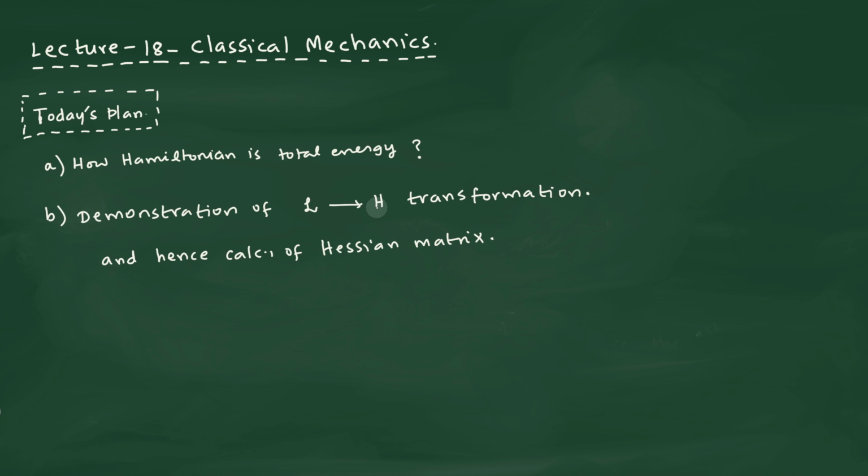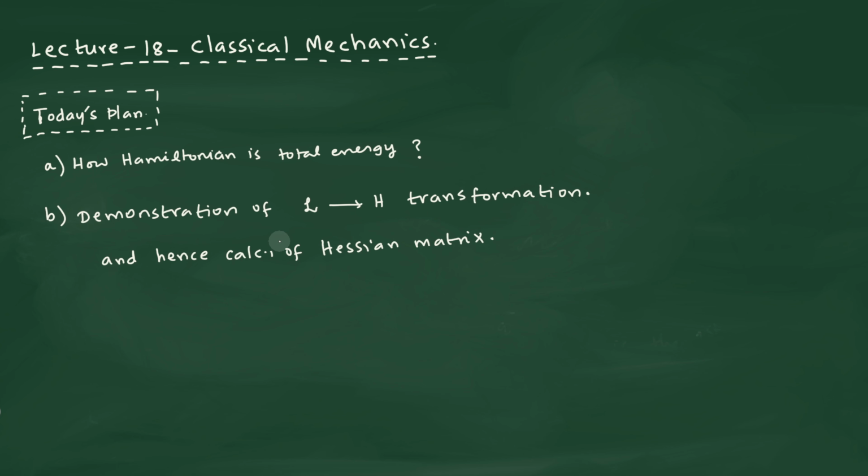That is the purpose of the Legendre transformation. During the transformation, I also informed you that the calculation of the Hessian matrix is very important, because if the determinant of the Hessian matrix is 0, then it is not possible to find the Hamiltonian. That is a point that you'll have to remember.